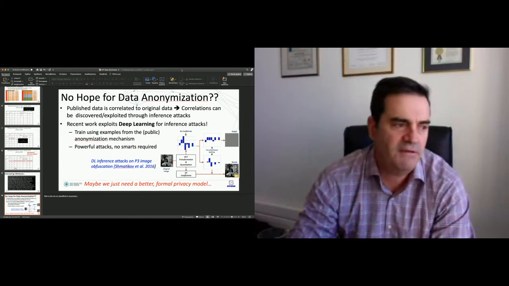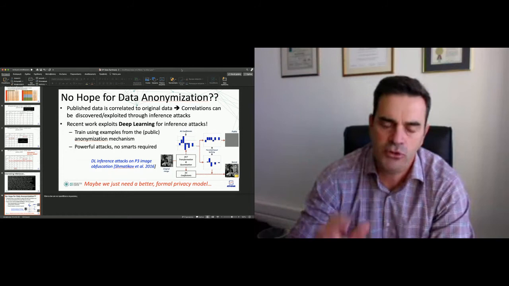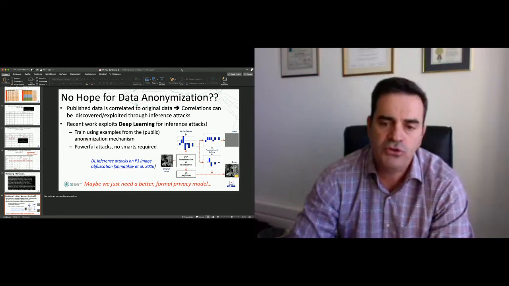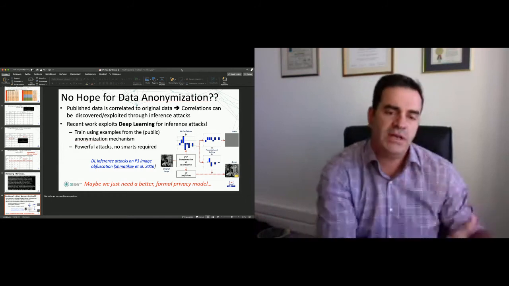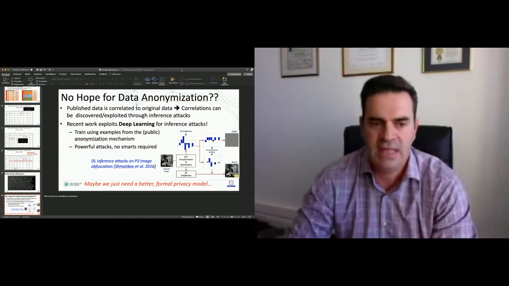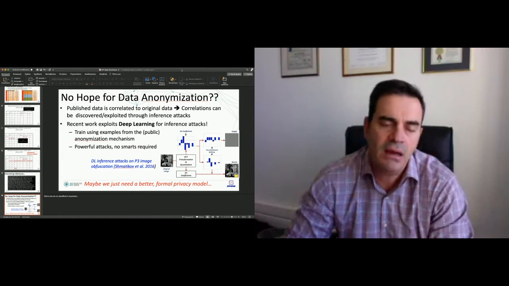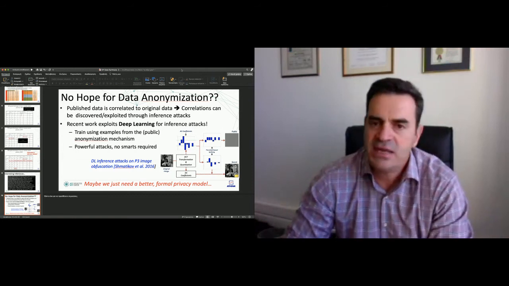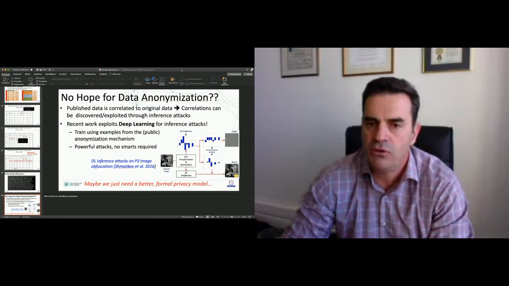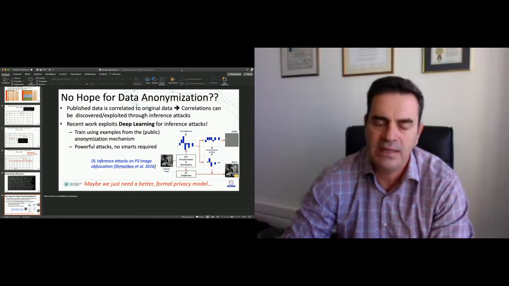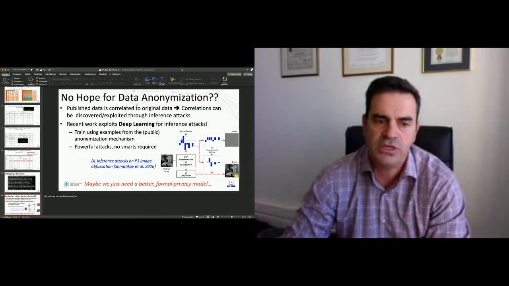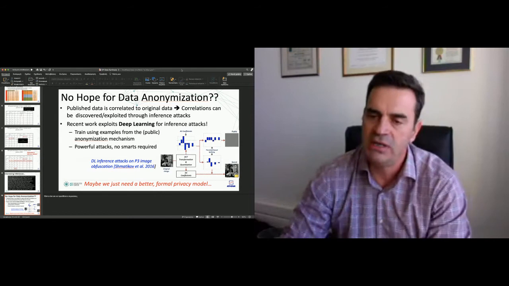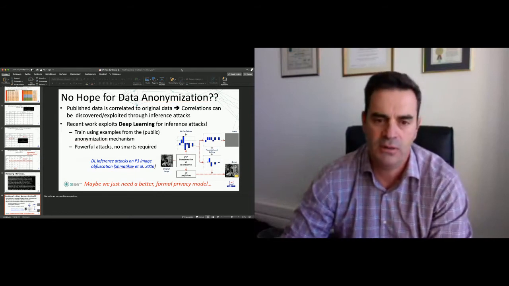So if I have an algorithm for producing k-anonymous data sets, that algorithm is typically public. So I can produce many, many examples of an original data set and then the k-anonymous version of the data set. And then when I feed these examples to a deep learning algorithm, I can figure out the correlations to the original data set in a completely automated way, just using off-the-shelf deep learning tools, no smarts required. So I don't even need to be that smart to attack an anonymization scheme.